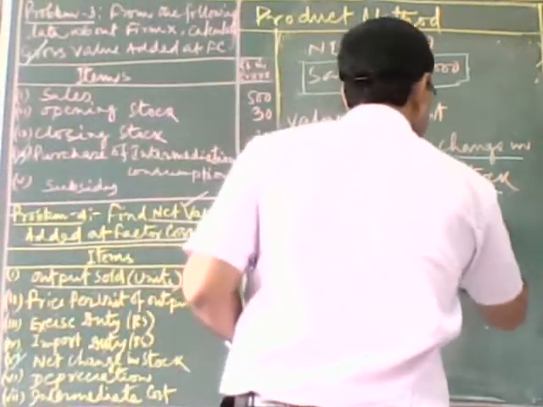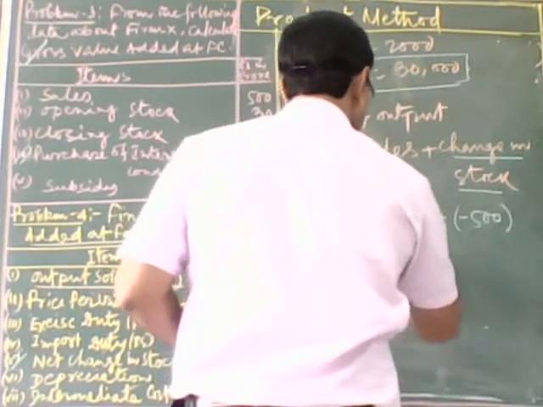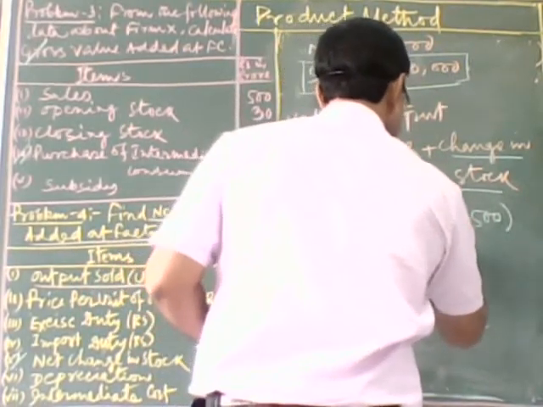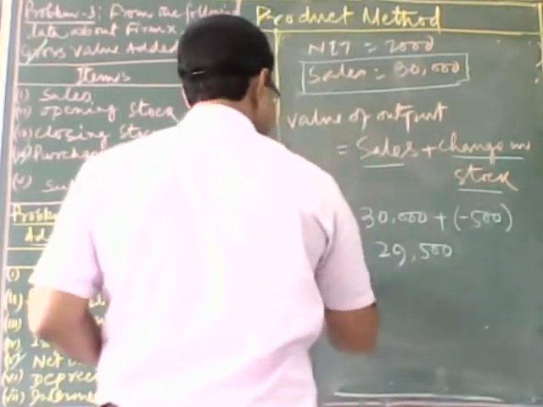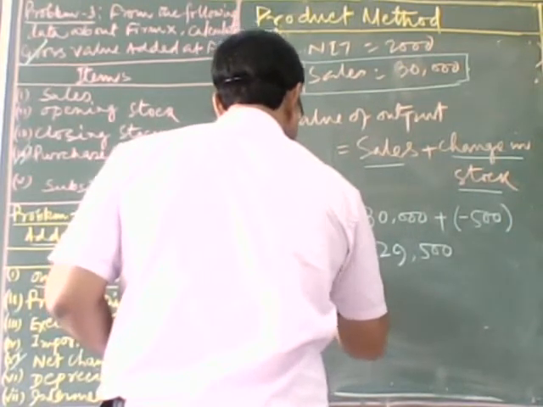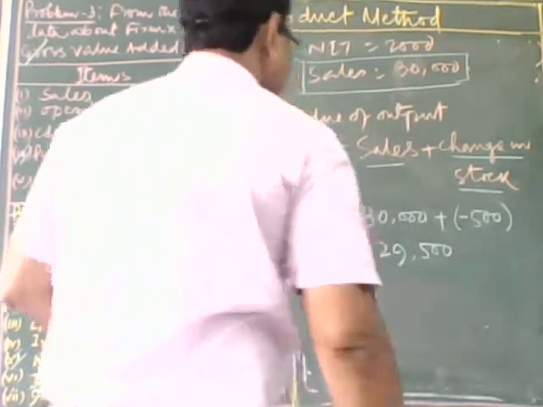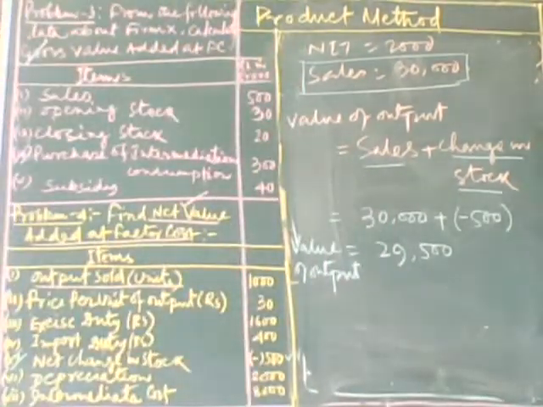You have to put the value minus 500, is equal to 29,500. That is value of output is equal to 29,500.